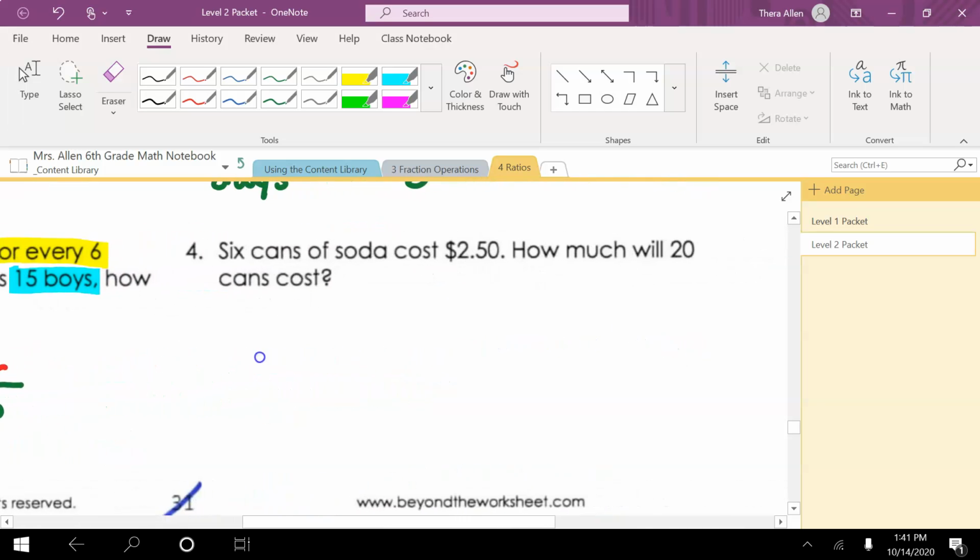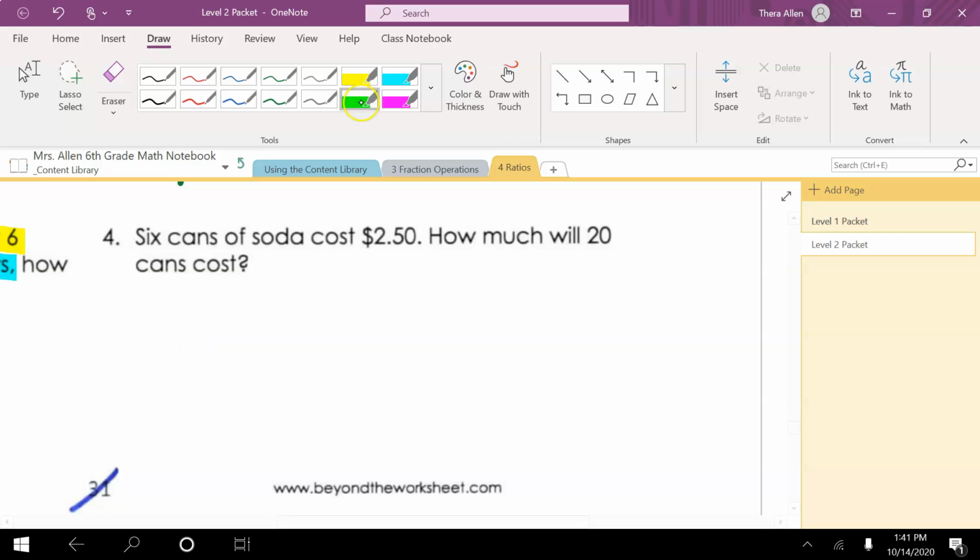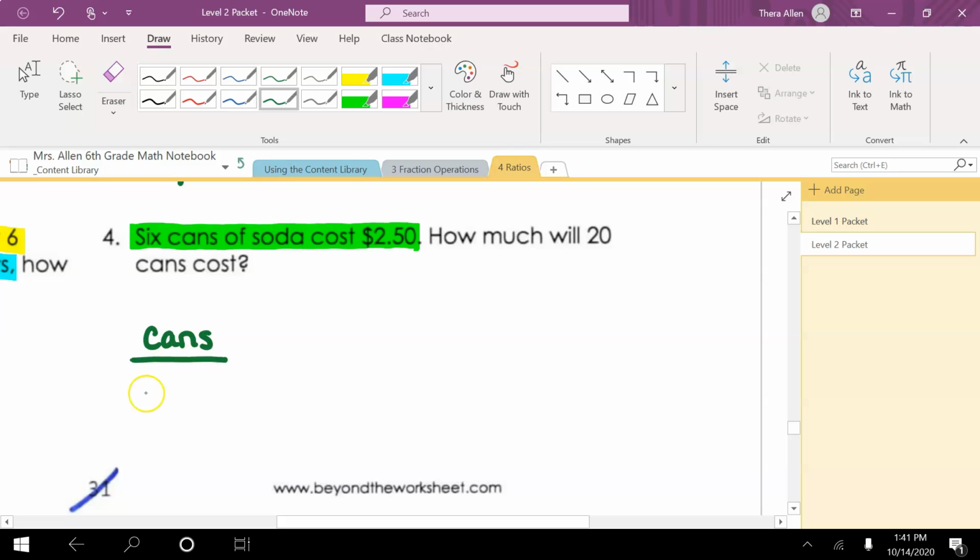All right, our last one. 6 cans of soda cost $2.50. Okay, so we are comparing cans of soda to the cost. And I'm going to just put a dollar sign here. 6 cans of soda to $2.50. That's how much it cost.